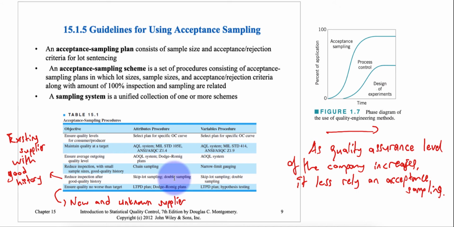It will be more efficient. Why do we want to reduce the number of inspections? Because we know that the supplier has a good quality history, so we can reduce the number of inspections because we can rely on them. All right, and other objectives are here also.